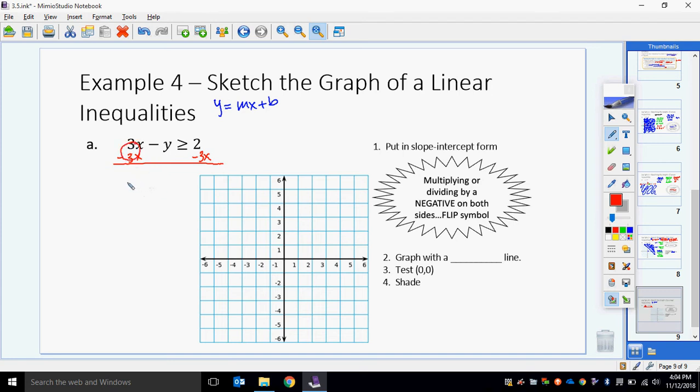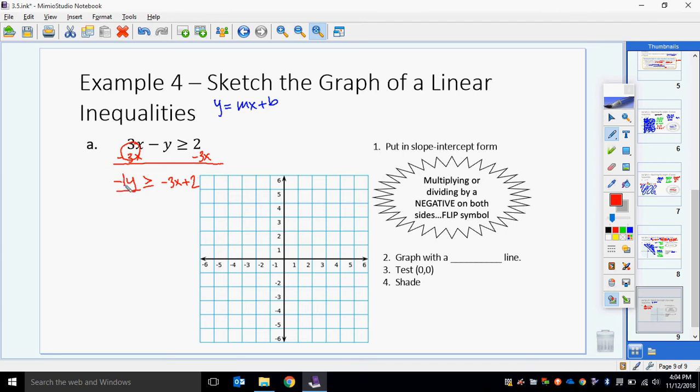And I'm left with negative y. Drop down my greater than or equal to symbol. I have a negative 3x and a positive 2. These aren't like terms. I can't combine them to be negative 1x. Okay, so it's negative y, which means that's a negative 1y.